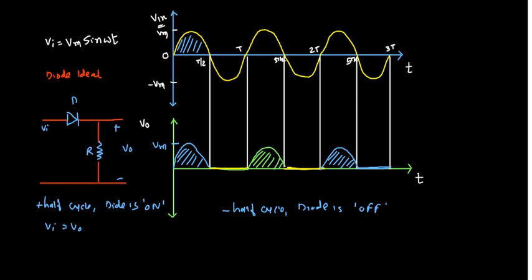This is the kind of output waveform we get for a half wave rectifier, and this output is known as pulsating DC output. This condition we have taken for an ideal diode.